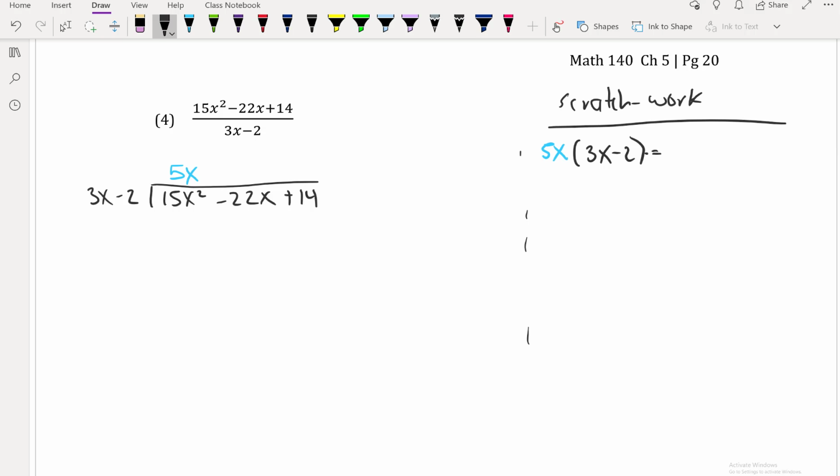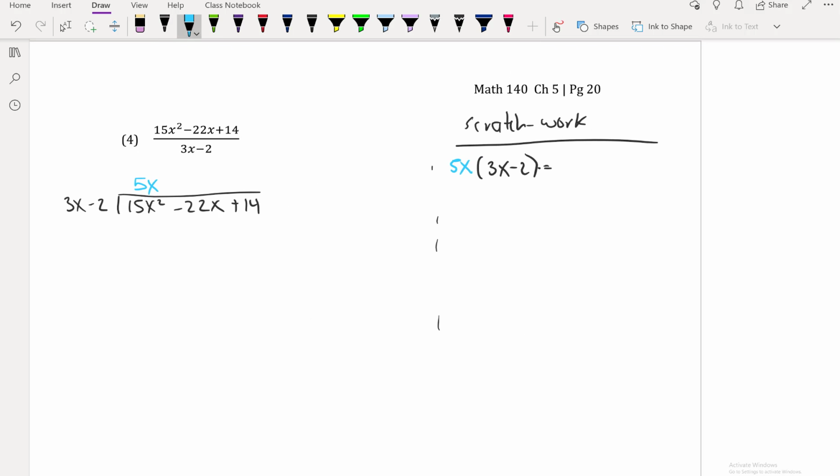So when I multiply this out, I am going to get, let's see, a 15x squared and a negative 10x. And don't forget that negative 1 that you're multiplying everything by.